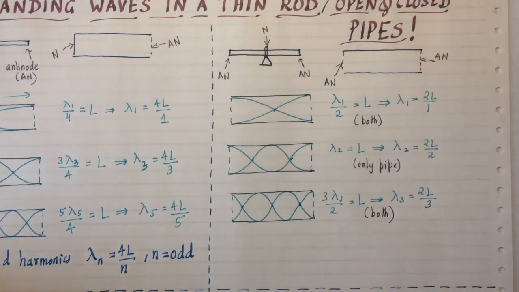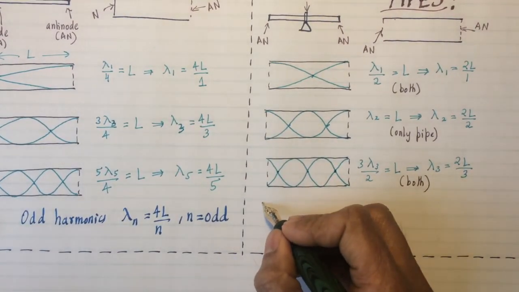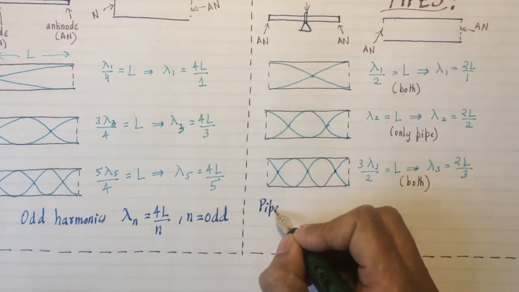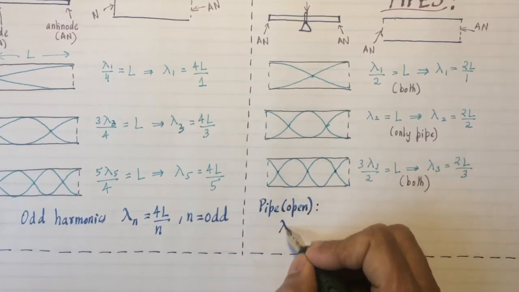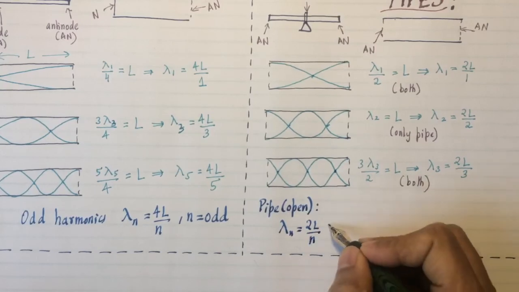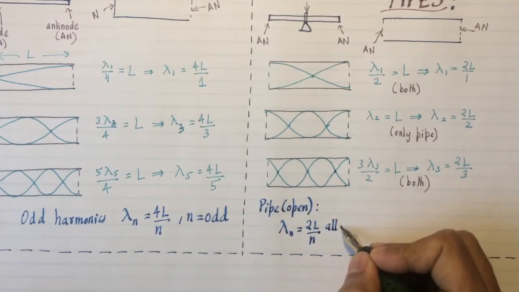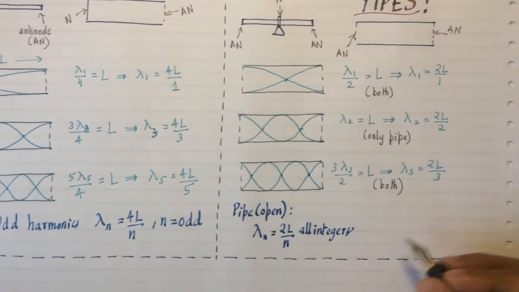So the general trend here is the following. For the open pipe, you're going to get lambda n equals 2L over n for all integers. By integers I mean positive integers like 1, 2, 3, 4 and so on.